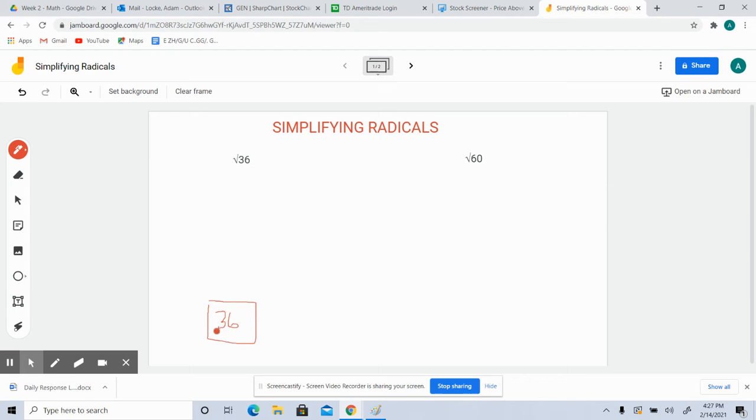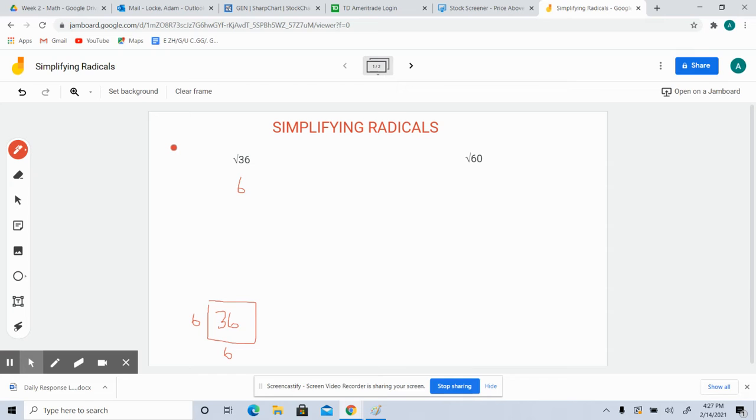Remember, with a square, it's got to be multiplied by the same thing. So in this case, 6 times 6 gives you 36. So the square root of 36 is just 6. And this is what we call a perfect square.